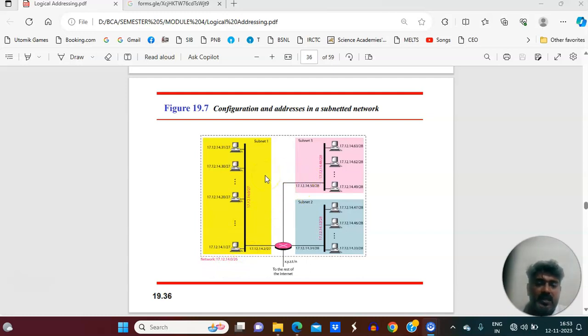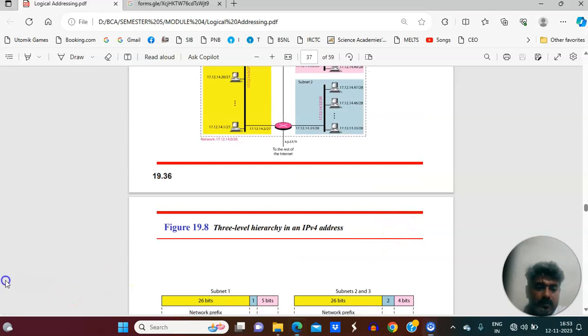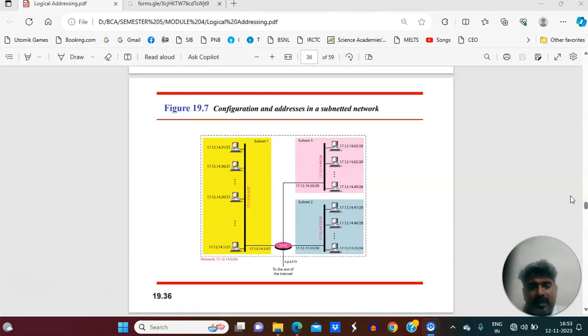The first subnet has 32 computers in it. The second subnet has 16, and the third subnet also has 16. The idea is to get a block that consists of 64 computers with a mask /26, and then divide it into 3 different subnets with masks of /27 and /28 respectively.